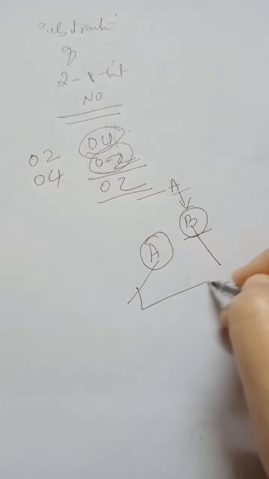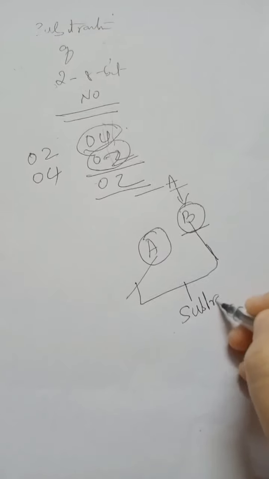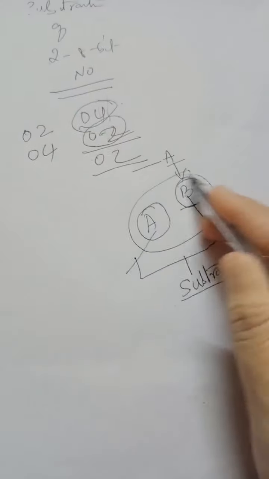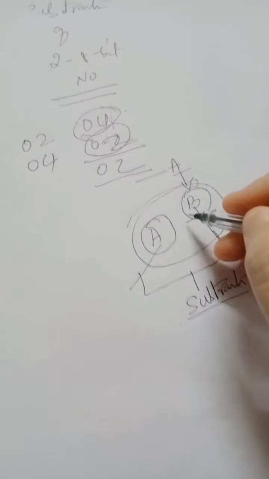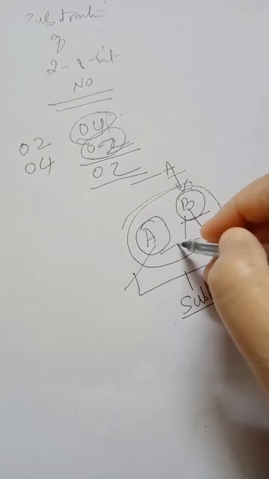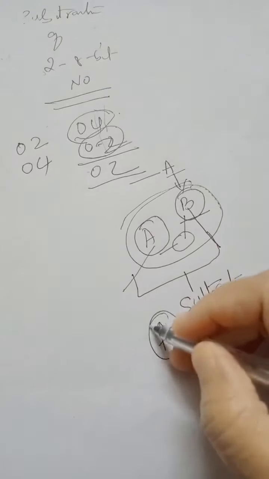What will we do now? We will do subtraction. After the subtraction is over, the first number in B is subtracted with the second number in A. After the subtraction operation is over, the result will be in the accumulator.